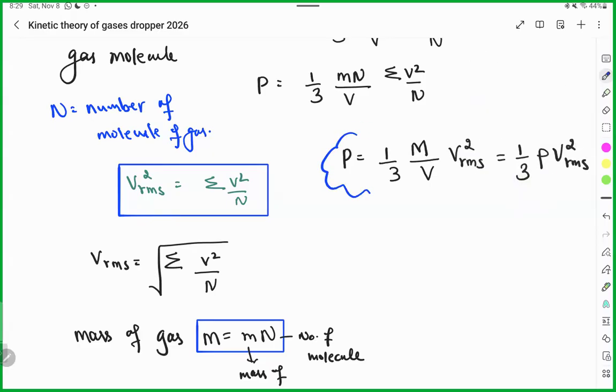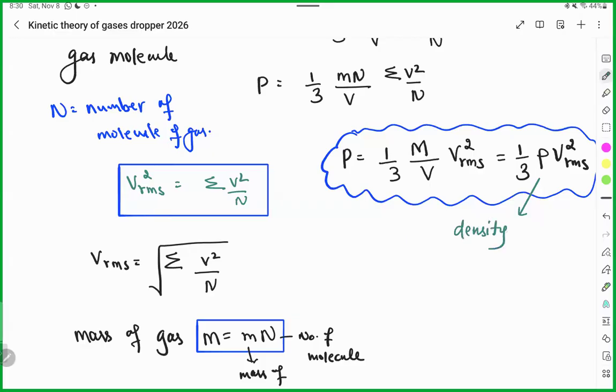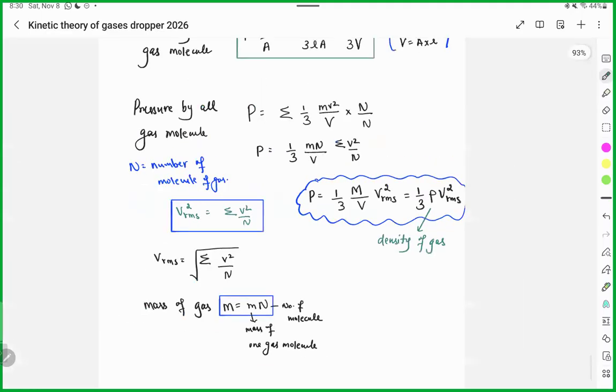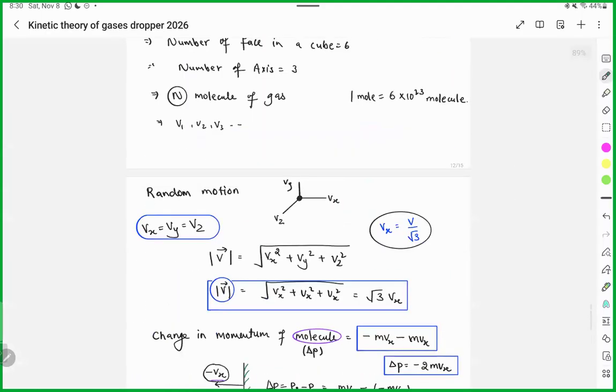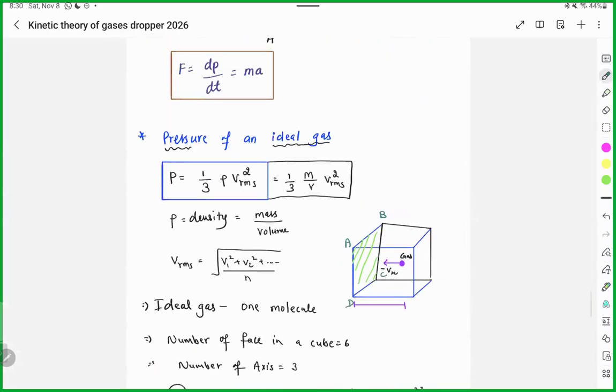That is the ultimate formula. Pressure is equal to 1 by 3 rho VRMS square, where rho is the density of the gas. Tell me, we got the same formula that we wrote in the beginning, at the start of this topic.